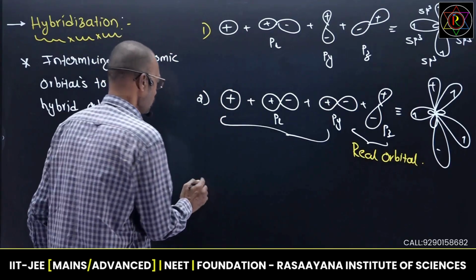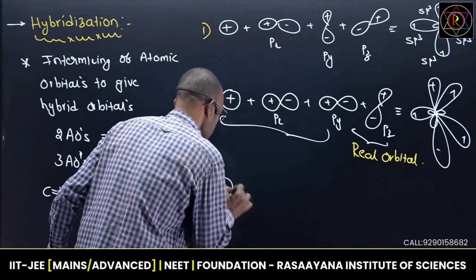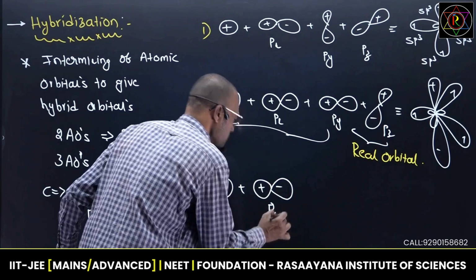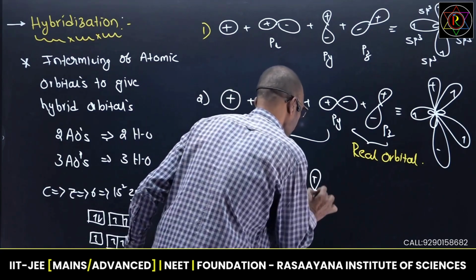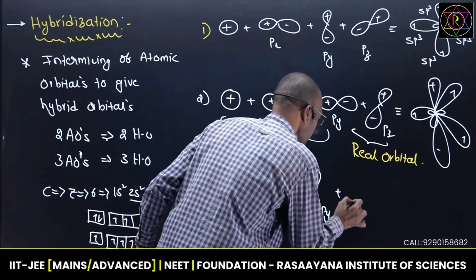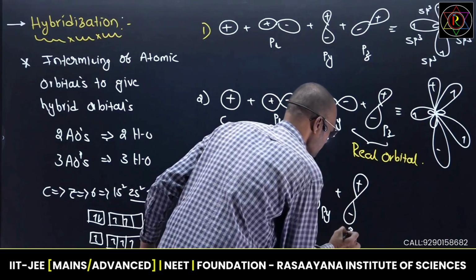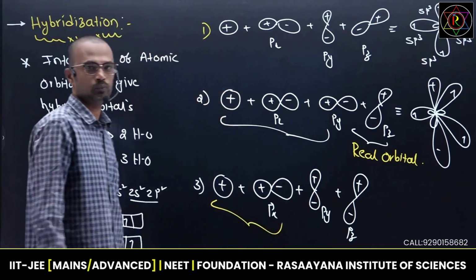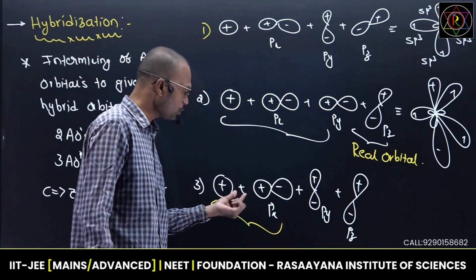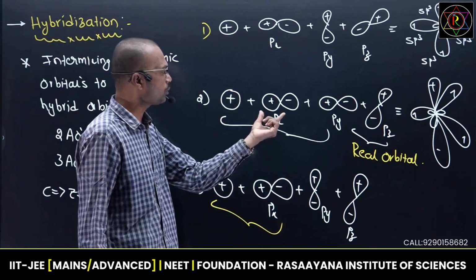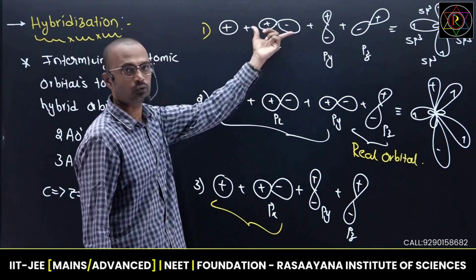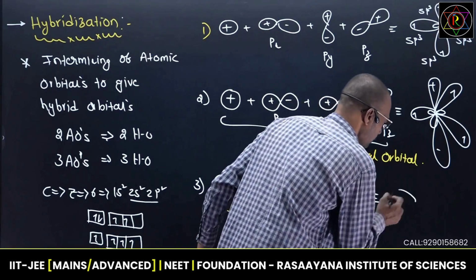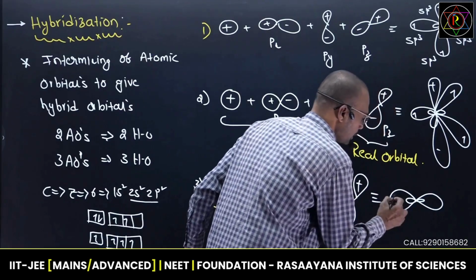Now the last possibility: the s orbital combining with px, py, and pz. In this I would like to intermix only 2. So carbon may undergo intermixing with only 2, or with 3, or with 4. If they undergo two intermixing, you will get two hybrid orbitals with one electron each.